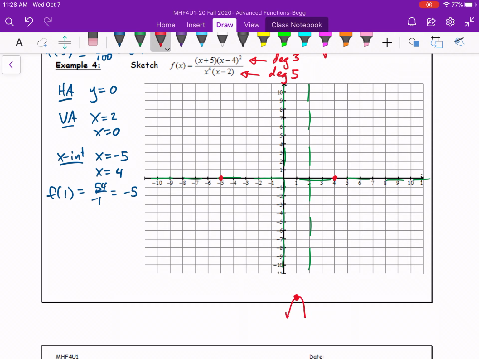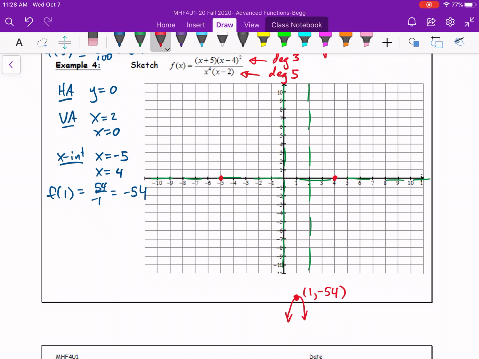So let's say that this is the point 1, -54, and I know that that's not really matching the scale, but I don't have enough room to actually put it to scale way down at -54 on the y-axis. So we're going to have that one chunk there.